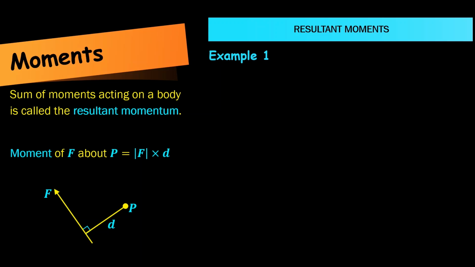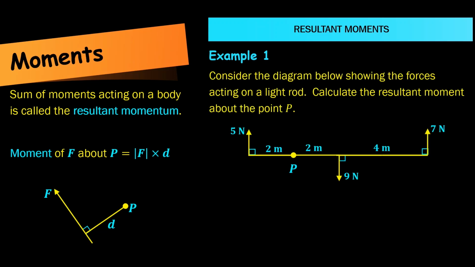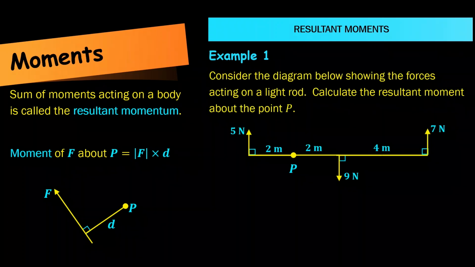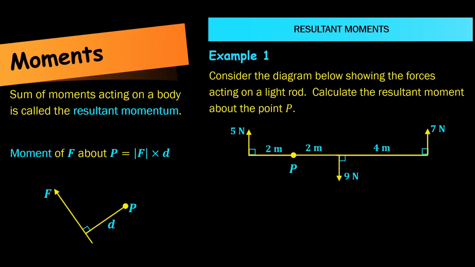Let's take a look at an example. Consider the diagram shown on your screen, showing the forces acting on a light rod. Calculate the resultant moment about the point P. Let's consider each of the forces one at a time.